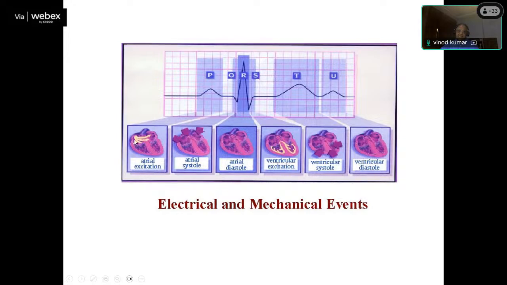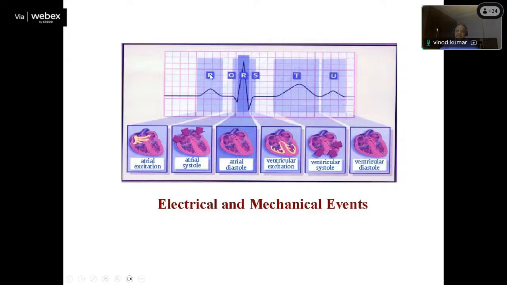Atrial excitation. The heart has four chambers. All of you must be knowing, two atria are there, two ventricles are there. That is right atrium, left atrium, right ventricle, left ventricle. Now, when the right atrium is excited, this is with respect to the P wave.